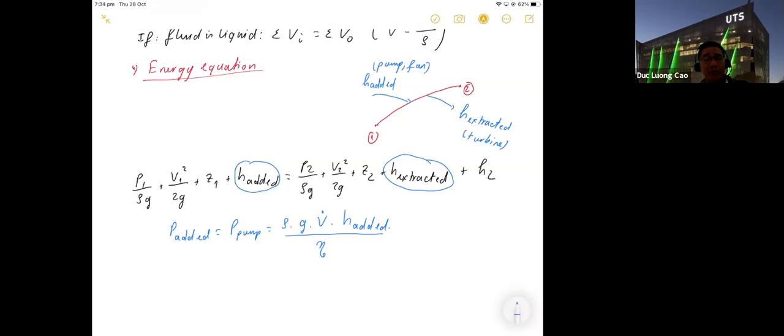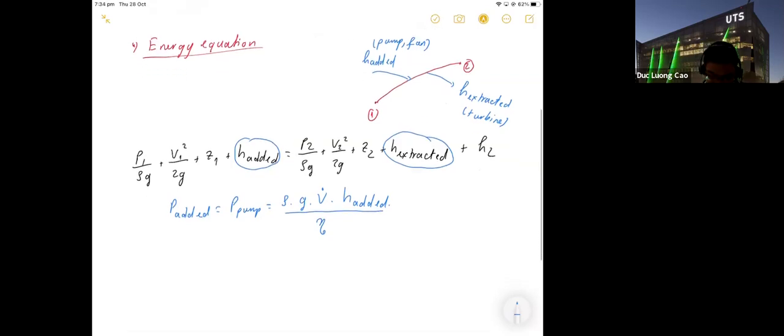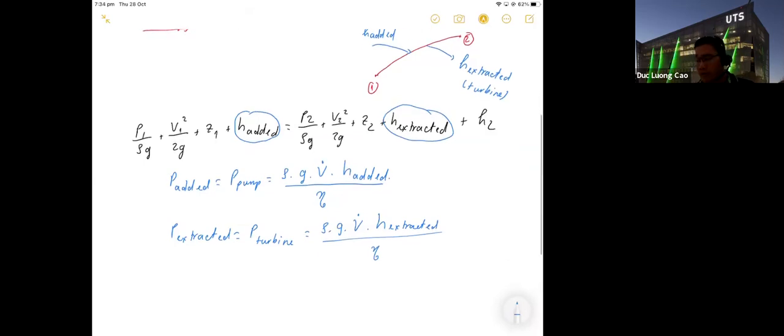If the efficiency is 100%, ignore it. Similarly, for extracted turbine power, equal to rho g V H extracted, or H of turbine, divided by efficiency. When you want to convert from head to power, H added and H extracted.